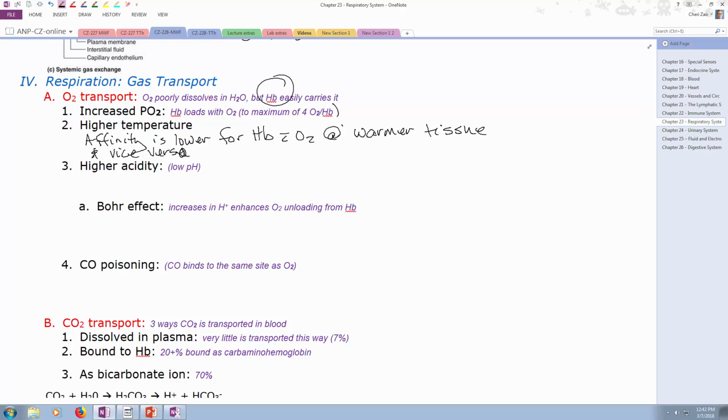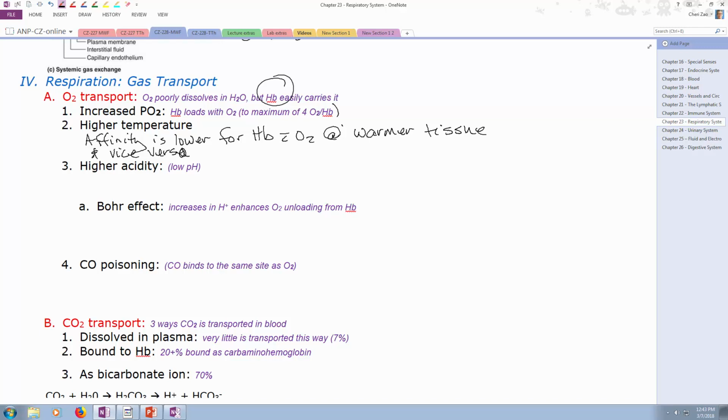That's perfect. Now, acidity, pH. Where will you get more acidity if you are a lazy tissue versus a very active tissue? What will happen to the acid byproducts of the activity if your tissue's activity increases?